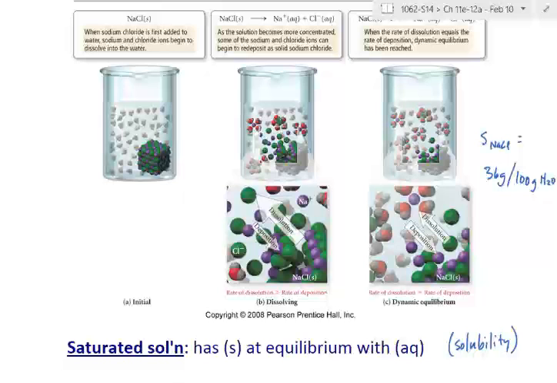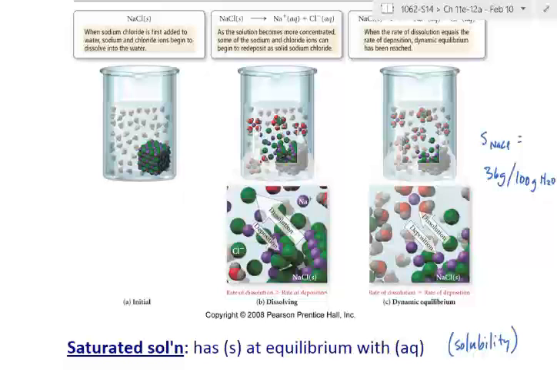So the thing is, if we have a solution that is saturated, it's 36 grams per 100 in terms of sodium chloride. If we dump in more solid, it's still going to stay at 36. You could dump in more solid, it'll just settle straight down to the bottom.